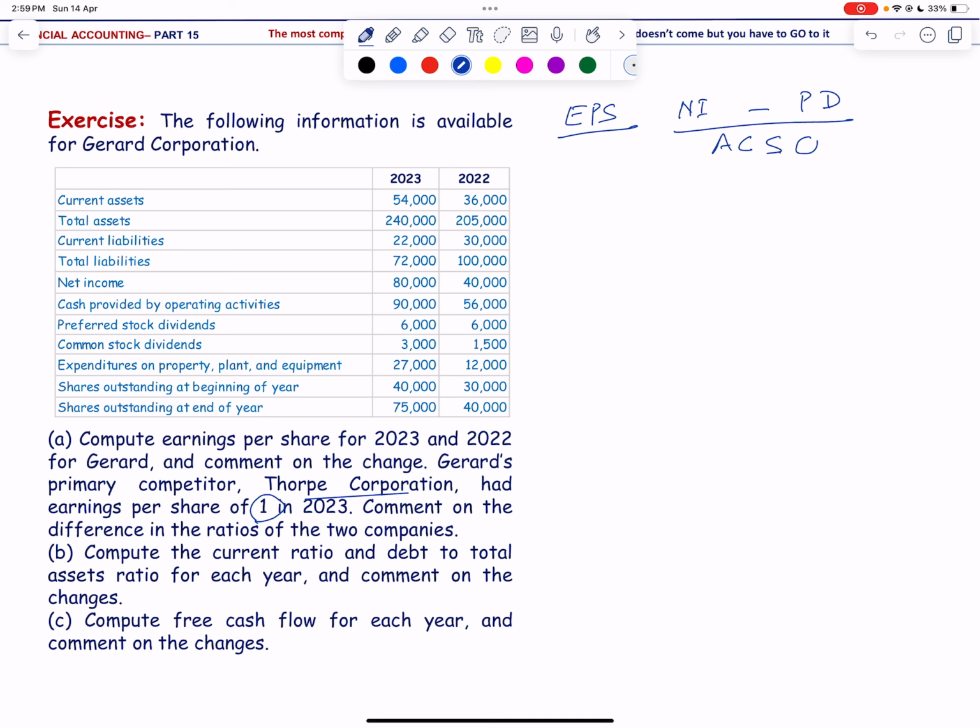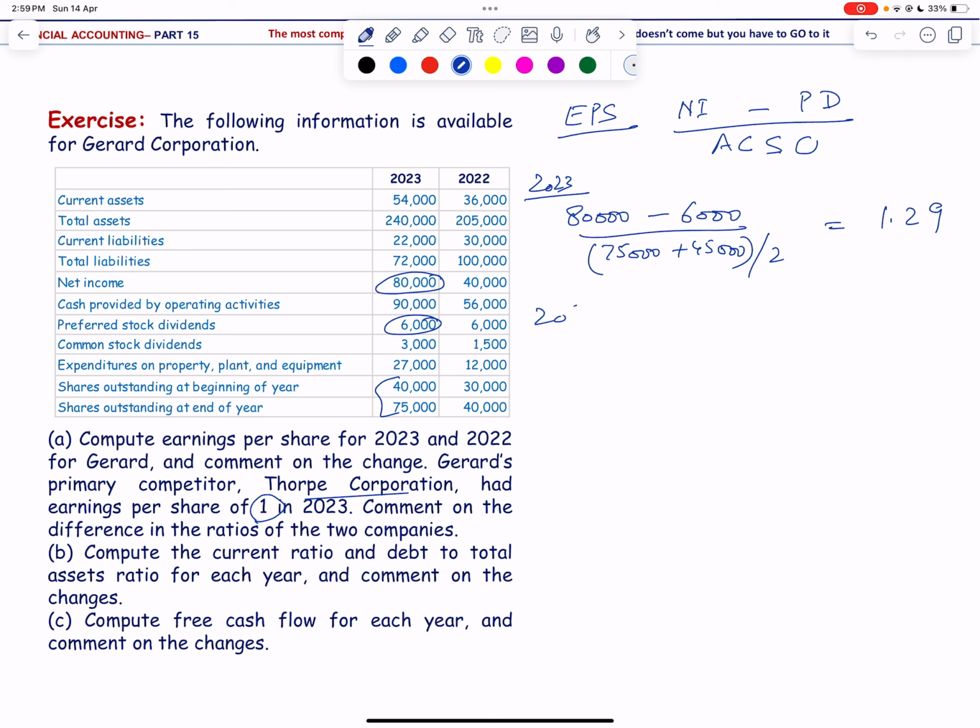So we have a net income. We start with 2023. So for 2023, the net income is 80,000, and the preference dividend was 6,000, divided by the stock outstanding, that is 75 plus 45, divided by 2, and this will be equal to 1.29.